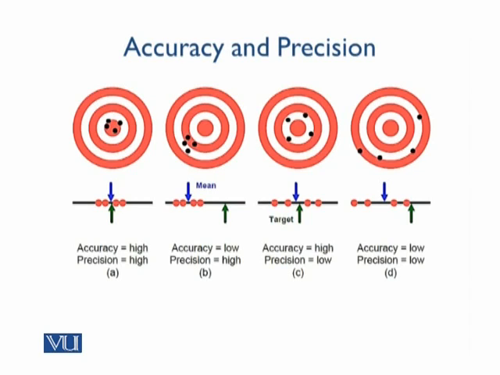If we take the analogy of throwing darts, most of the darts are near the bullseye. So this would be the case where most of your measurements are near the true value. This is the case when you have high accuracy, and because most of the darts are close to each other, the amount of variation is less as well. So we would say that the precision is high as well.